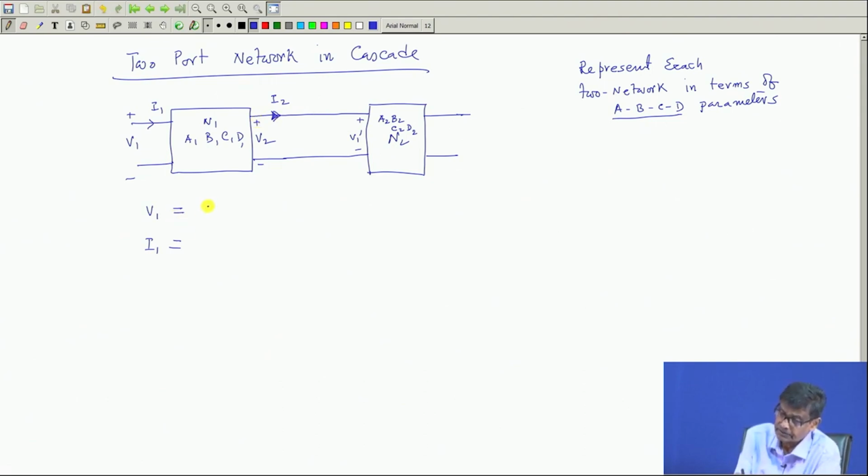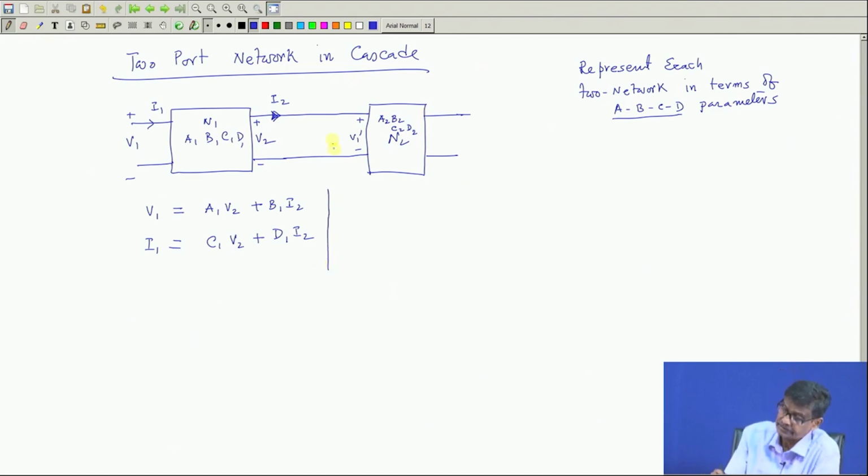So, V1 is equal to A1 into V2 plus B1 into I2 for this network. This is V2, this is I2, and I1 is equal to C1 into V2 plus D1 into I2. This will be the thing, clear.